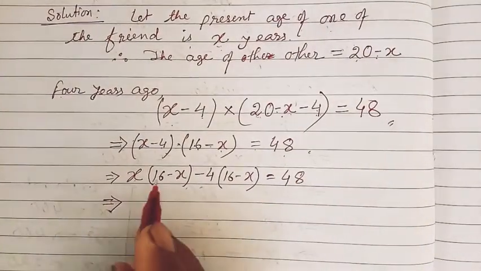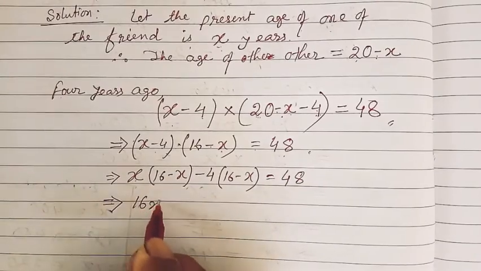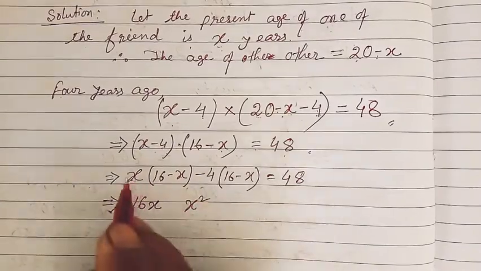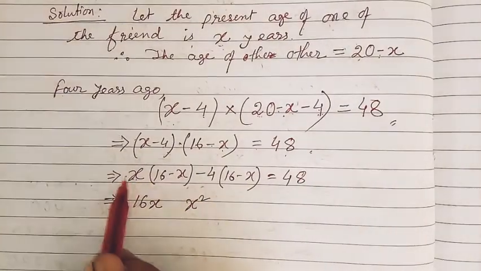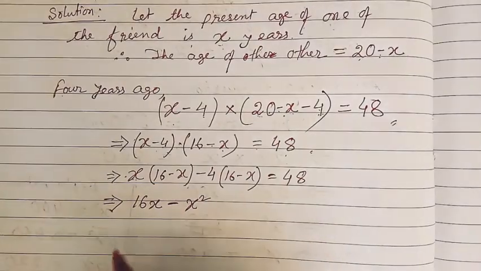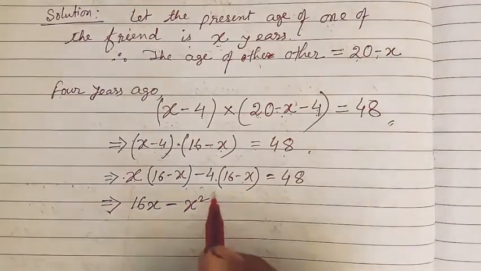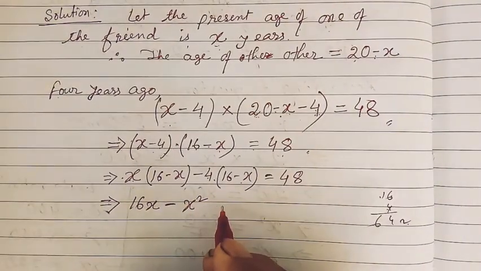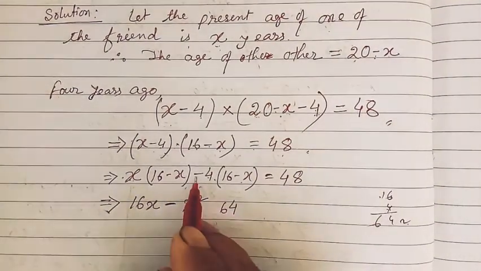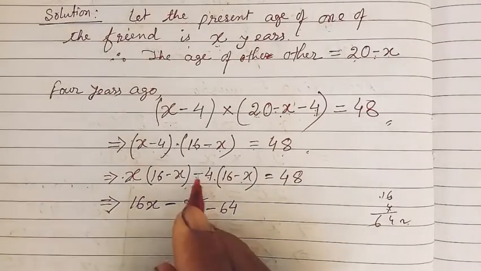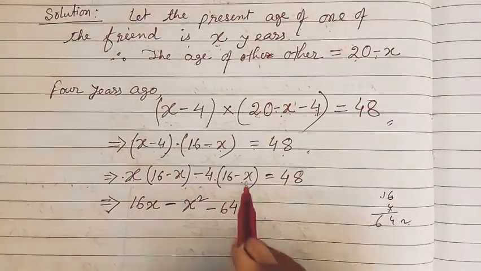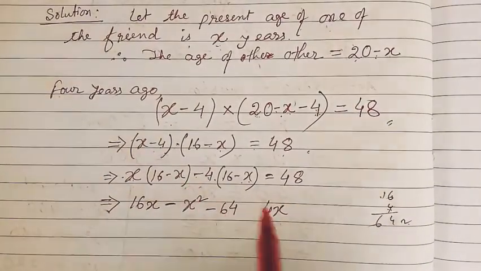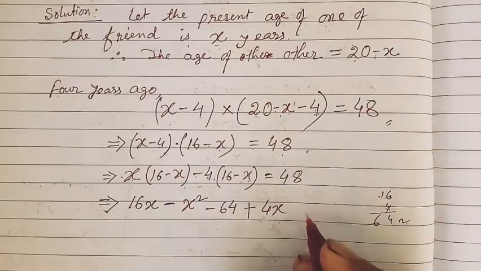Again it implies x into 16 is 16x, x into x is x square, remember it will be negative. Here also 4 into 16 is 64, it will be negative, minus plus is minus. 4 into x is 4x, minus minus is plus, so it will be positive.